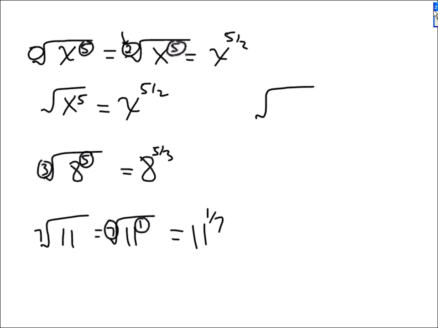I don't care how complicated what's inside the brackets is. The 11th root of 3a cubed b to the 7th, all to the 3rd, will equal 3a cubed b to the 7th raised to the 3 over 11.